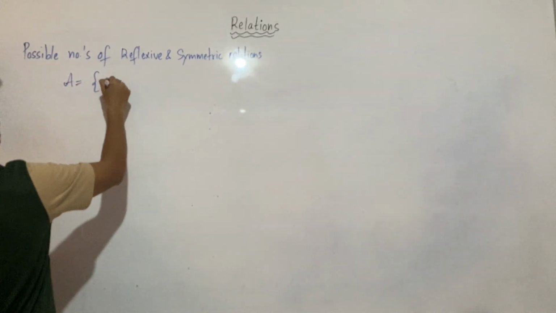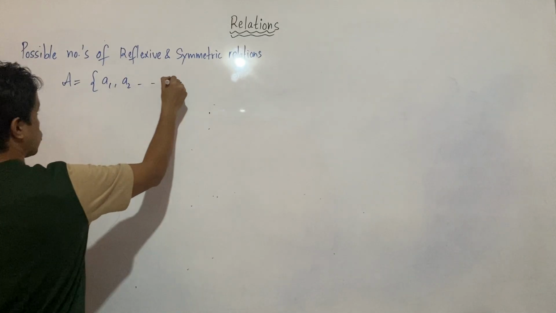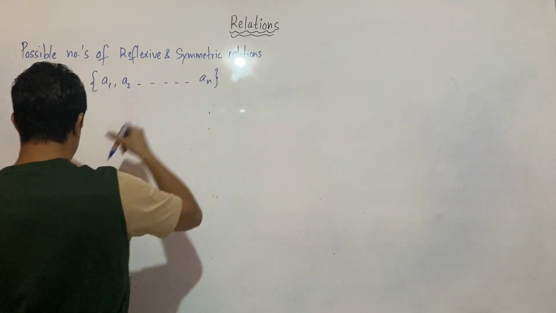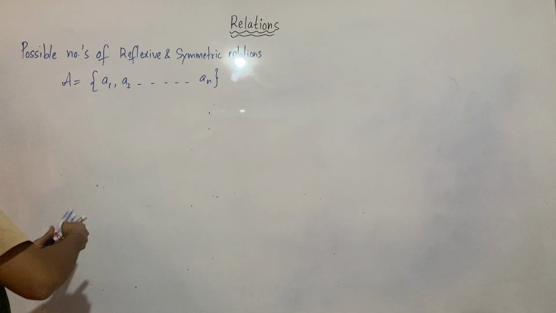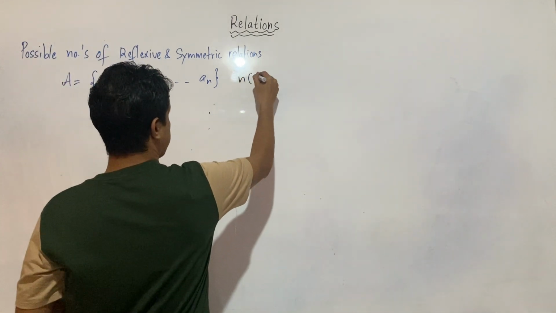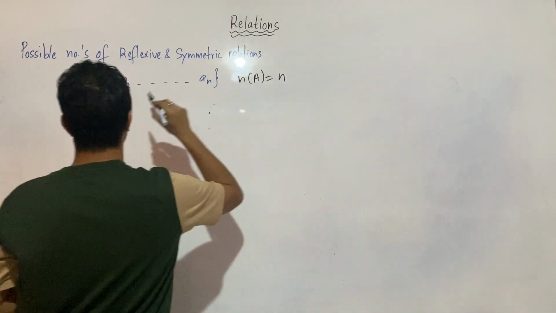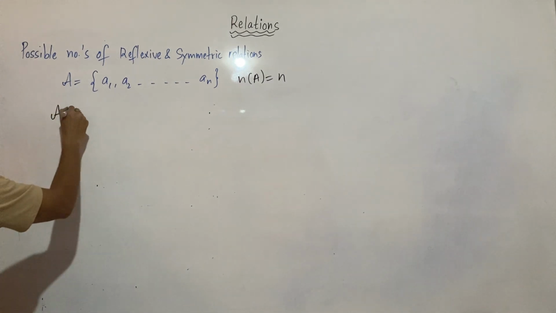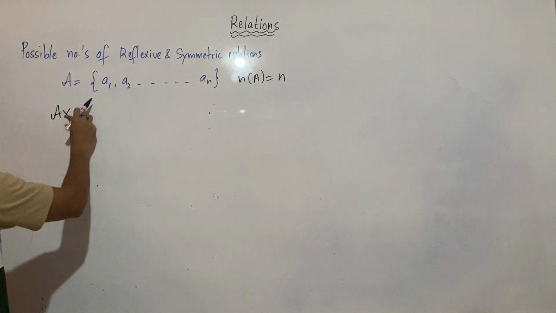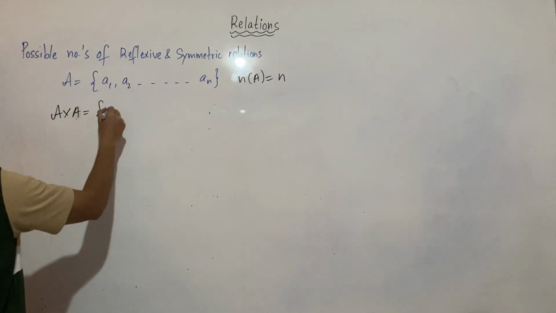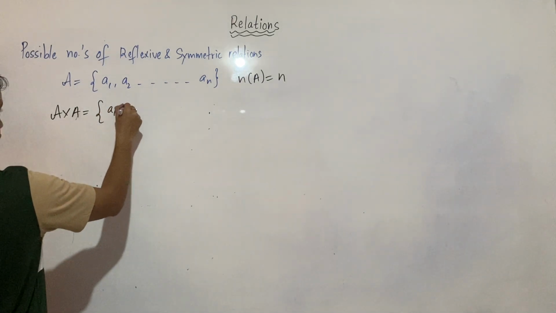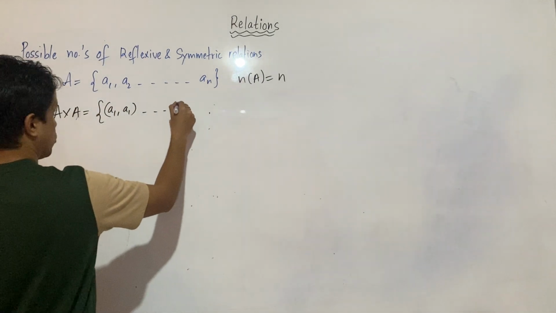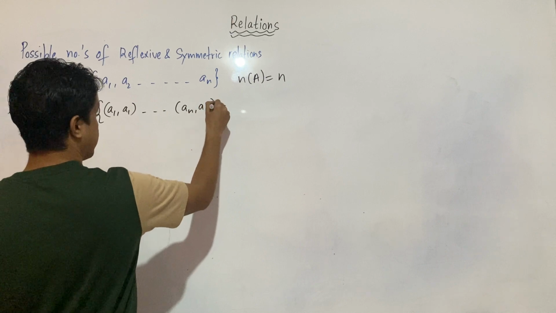Okay, and here I know that the number of elements is n. So if I do the Cartesian product of this set, then it's going to be (A1,A1) to (AN,AN), right?